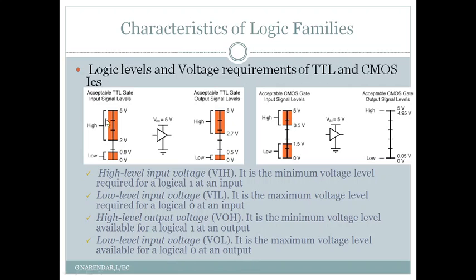So we have defined what a logical level is and what the voltage requirements are of the two important logic families, TTL and CMOS, and we defined the various voltage levels which are used to decide whether an input signal is a valid high signal or low signal, or whether an output signal is a valid high signal or valid low signal.